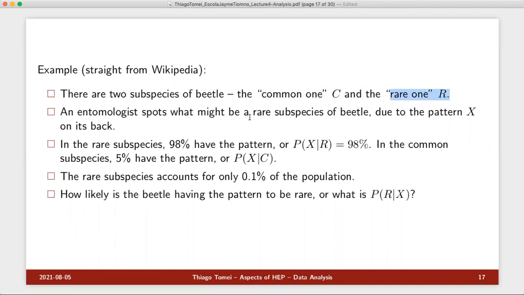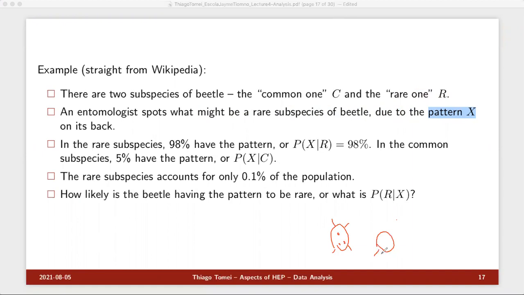And then you go and spot something that might be a rare subspecies of beetle. Why? Because it has some specific pattern on its back. Maybe the common beetle has spots or something like that, but the rare beetle is the same species, but it has a cross, something like that.